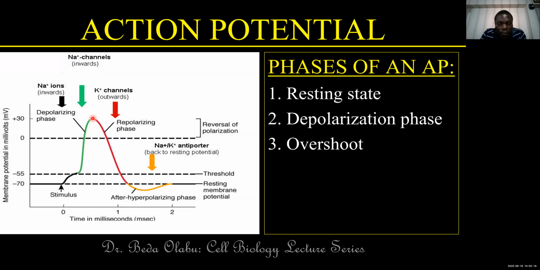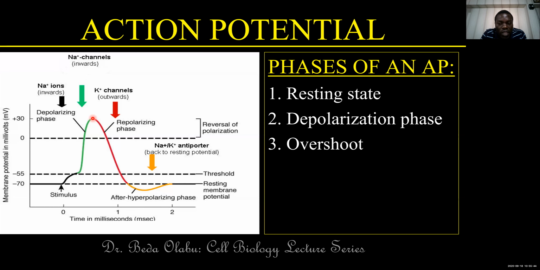At the same time, when you have the membrane in a depolarized state, it's a very uncomfortable state for the cell membrane. And so one of the effects it has is that it will make the voltage-gated potassium channels open.